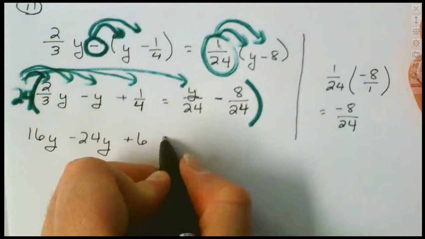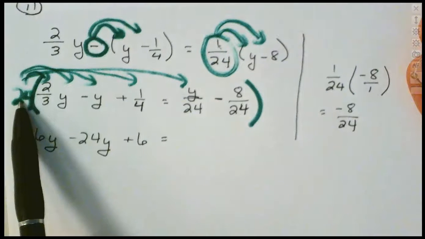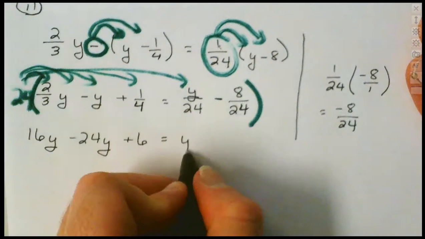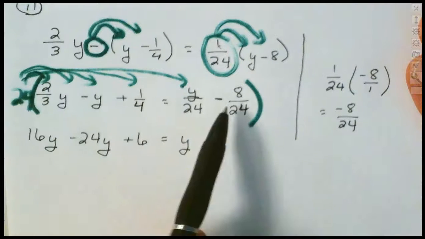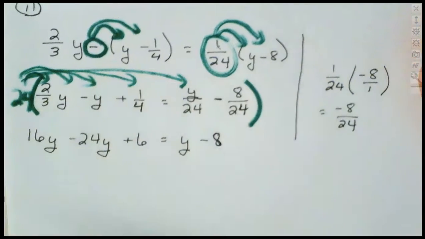We're on the right track here. When I distribute through on the other side, on the right-hand side, the 24s cancel. That leaves you with a y. The 24s cancel. That leaves you with a minus 8. Is everyone okay with how I cleared out those fractions?